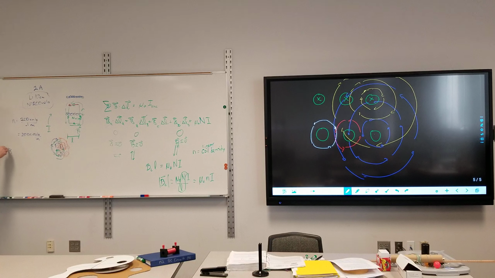And the magnetic field in the center is going to be 4 pi times 10 to the negative 7th Tesla meters per ampere times 2,000 coils per meter times the current, 2 amperes.